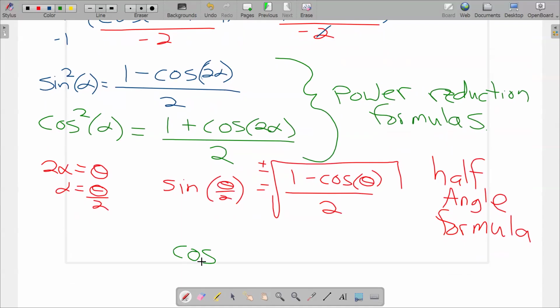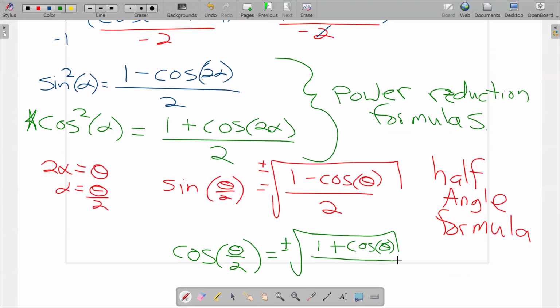So the cosine of theta over 2, based on this formula above, is going to be plus or minus the square root of the fraction 1 plus the cosine of theta over 2. Is there no square root? Oh, I guess you already took out the square root. Yeah, I took out the square and put the square root on the other side. So I skipped a couple steps, but based on the sine version, the cosine one has to look like that.